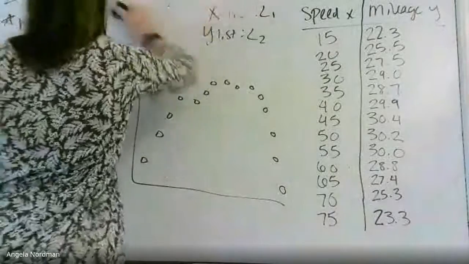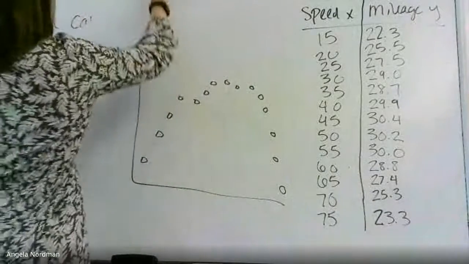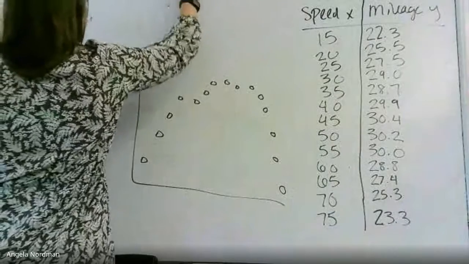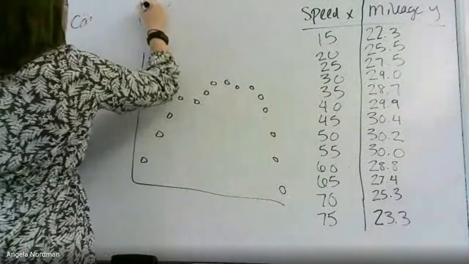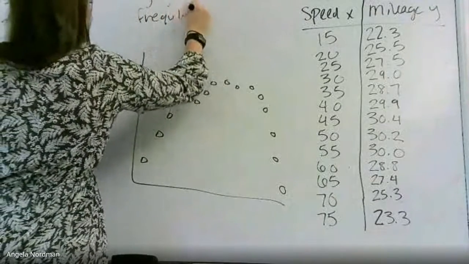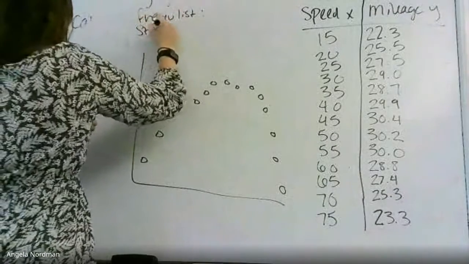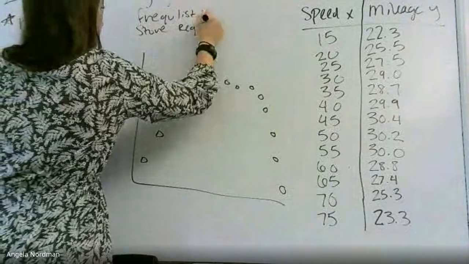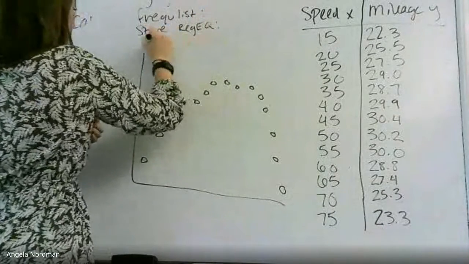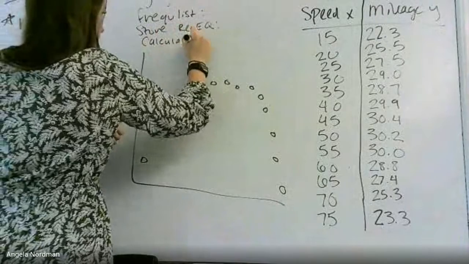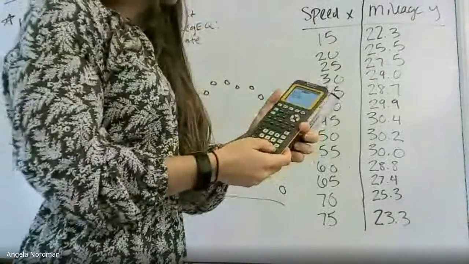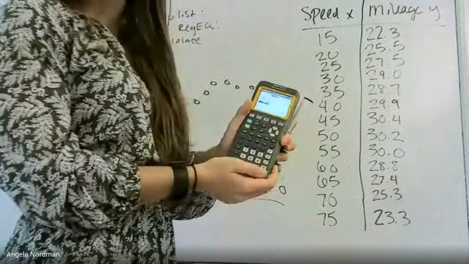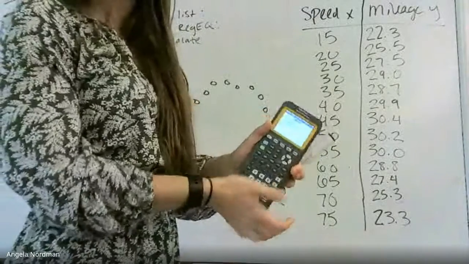It will pop up a dialog box that has X list, list 1, Y list, list 2, frequency list, nothing, store reg EQ, nothing, and then calculate. You can either arrow down or press enter until calculate is highlighted, and then go ahead and calculate.